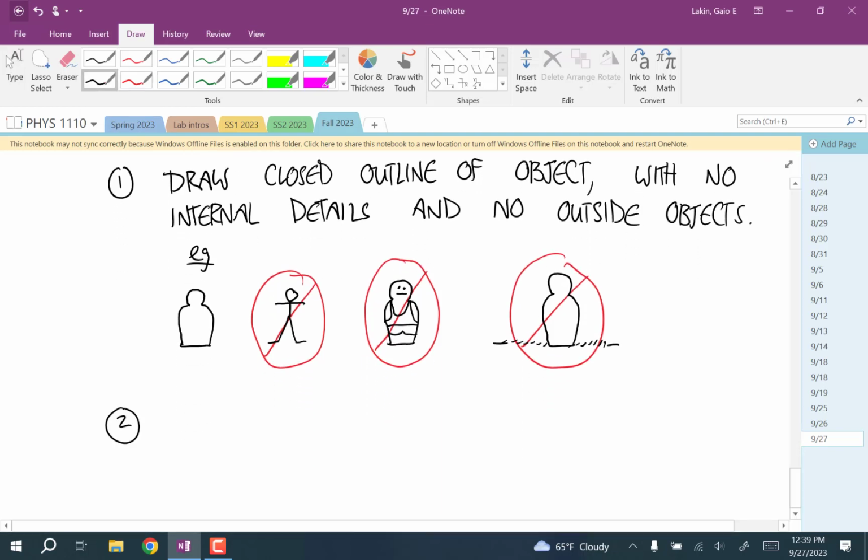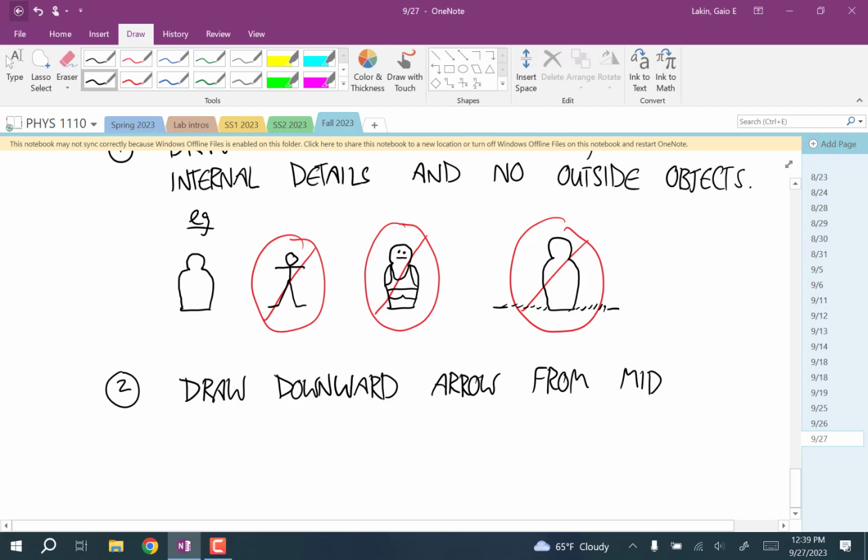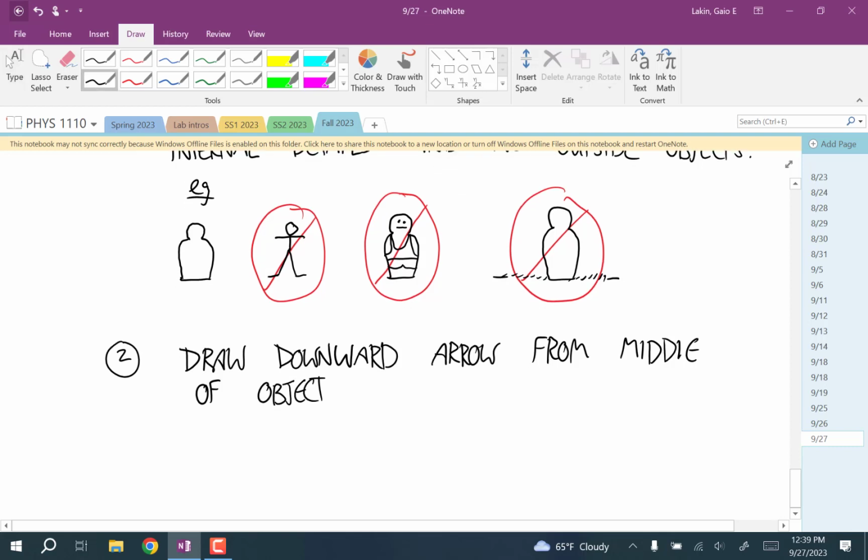The second step is draw a downward arrow from the middle of the object and label it with either the object's weight, if you know what that is at the start, or you can also label it with mg just to show that that's the weight.